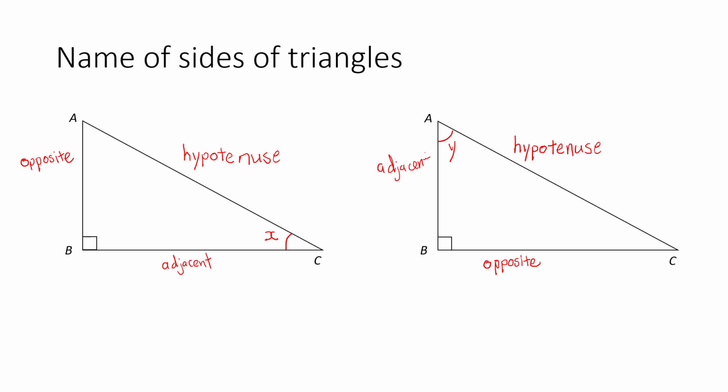A-D-J-A-C-E-N-T. So make sure you know which side is the opposite side and which side is the adjacent side. So to make it simple, for hypotenuse, I will short form it as H. Opposite side will be O. Then adjacent side, I will be using A. Clear? So please copy this down.